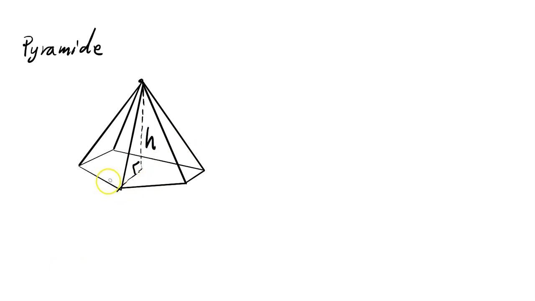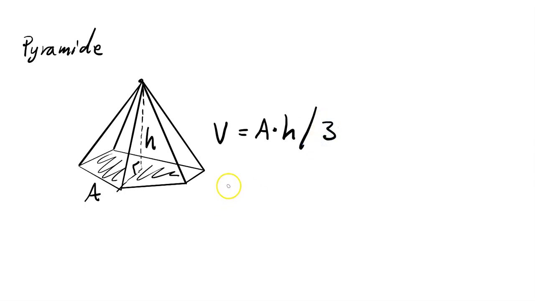And let's say that this base area is A. Then the volume of this one is given by A times H divided by 3. So it's similar to the formula for the prism and the cylinder, but we have to divide by 3 since it narrows up. Okay, so this is a pyramid.